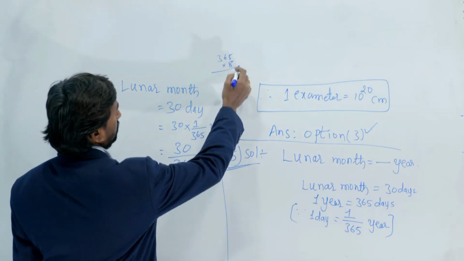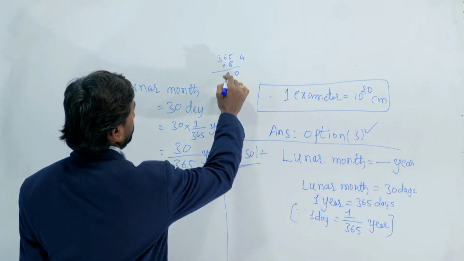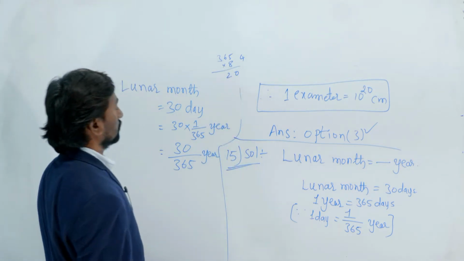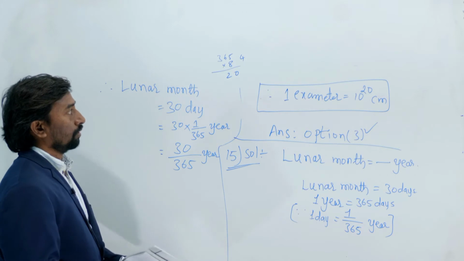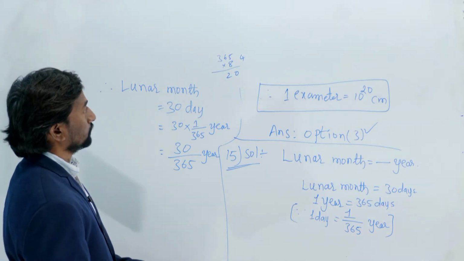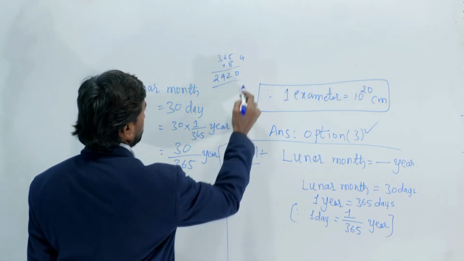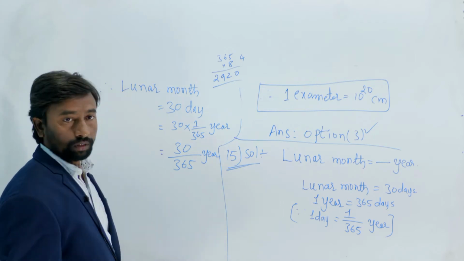How much will we get? It is 40, 48 plus 4, 52. The 24 plus 5, 29 will come there. So it is 2920.